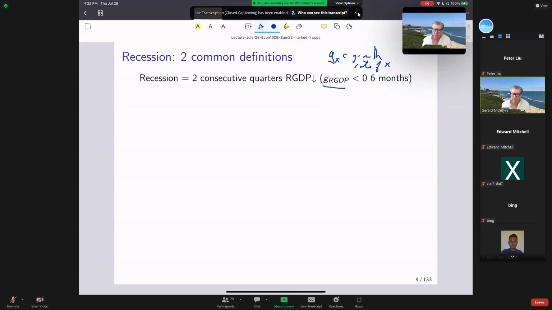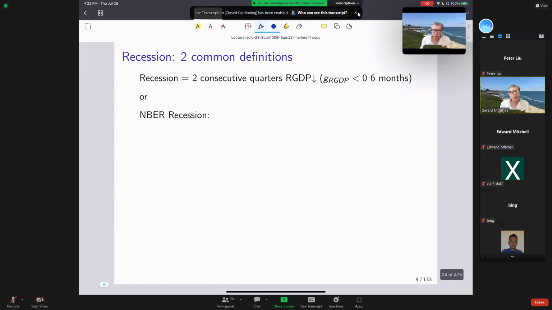So if we wanted to talk about the growth rate of real GDP, we'd have small g with a subscript of real GDP. 2 consecutive quarters of real GDP falling would be the growth rate of GDP being negative for 6 months. Well, we've kind of achieved that as of this morning's data release of real GDP in the second quarter of 2022.